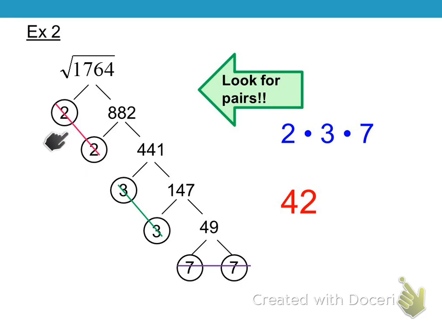The 2s found each other, they get to come outside. The 3s found each other, they get to come outside. The 7s found each other, they get to come outside. Sometimes you'll have leftover numbers that don't have a friend. They have to stay inside. There's even like bullying in the world of numbers. It's tragic.